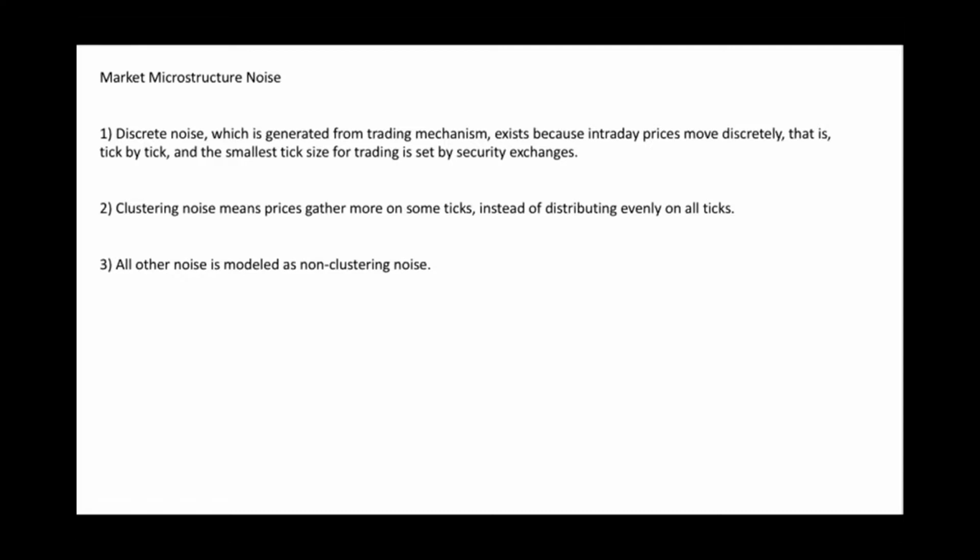Clustering noise means that people don't necessarily favor one tick mark over another. They might value a round dollar price more than not a round dollar price, or a half dollar price more than a quarter dollar price. That's what the number 2 means. And the third source of noise is everything else.